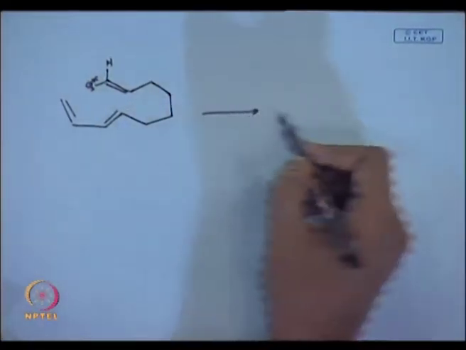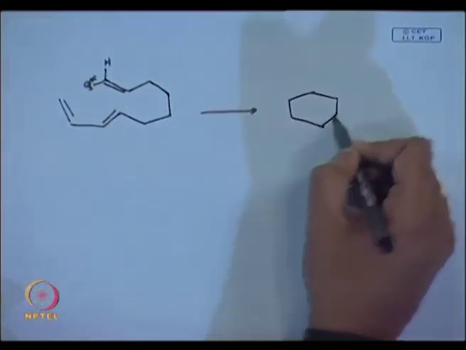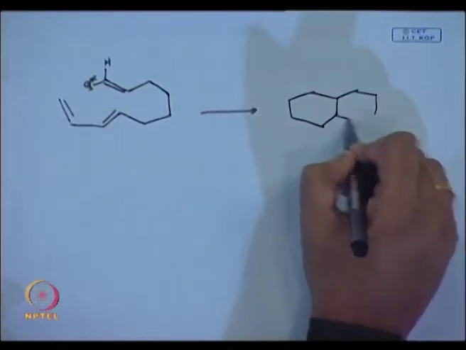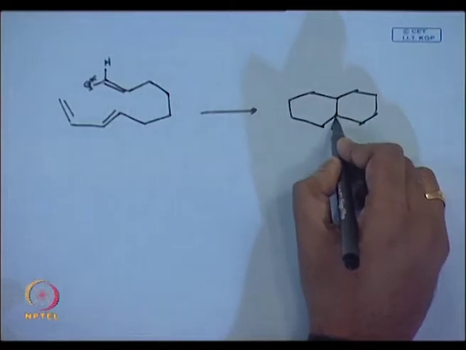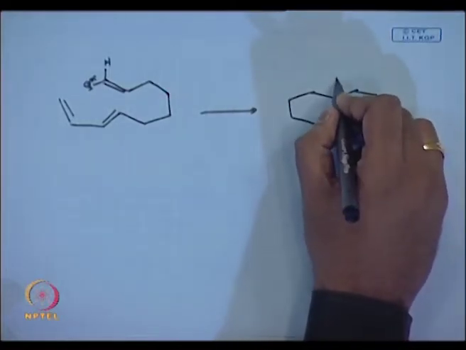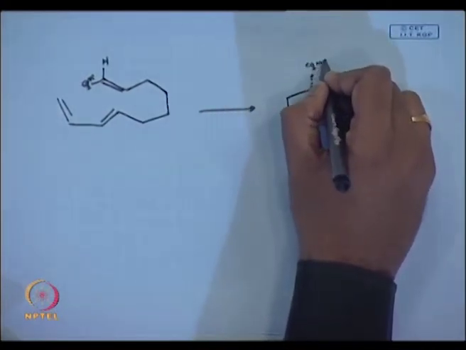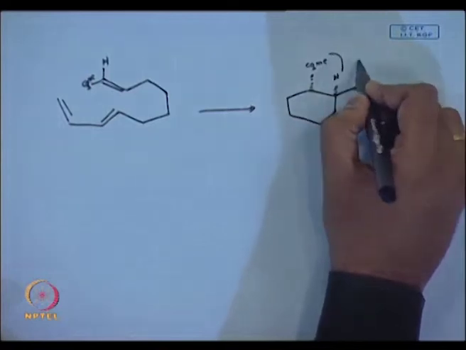If I do this reaction, you see nicely you end up with the other geometry. Hydrogen. So you are getting a cis type of thing.